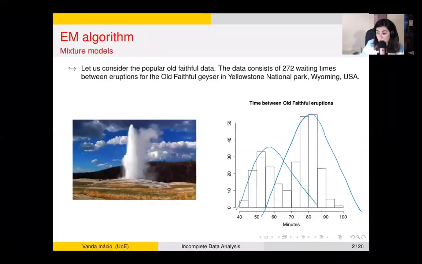If we think of one of the distributions with the mean somewhere around here and the other somewhere around here, the means of the two normal components need to be different.